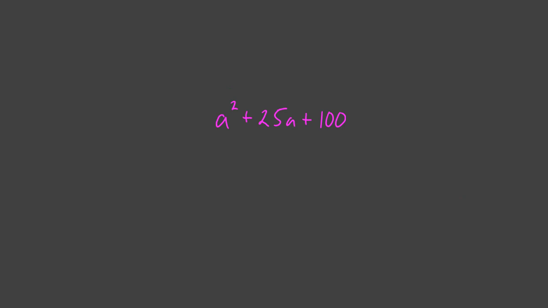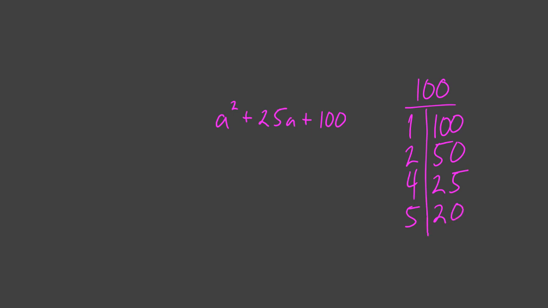Next example is a squared plus 25a plus 100. So we're looking for factors of 100. We have 1 times 100. It's even, so 2 times 50. 3 does not go into 100. 4 does, 4 times 25. 5 goes in 20 times. 6, no. 7, 8, 9, 10.